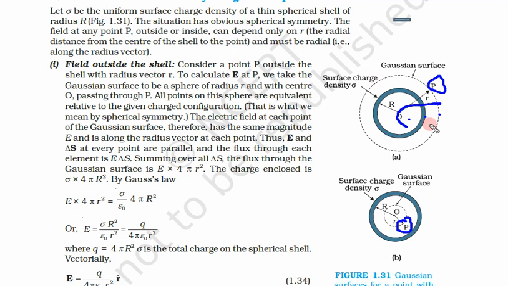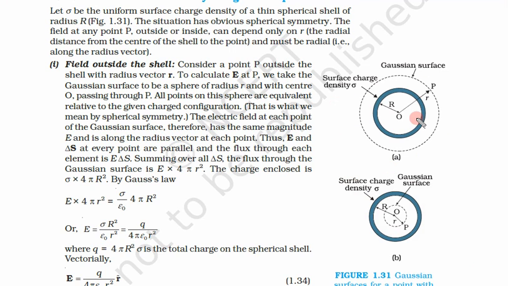It is very similar. So what would be the electric field outside, inside, and at the point where the shell just starts? These are three conditions. We have to solve this, and hopefully this is clear to you.